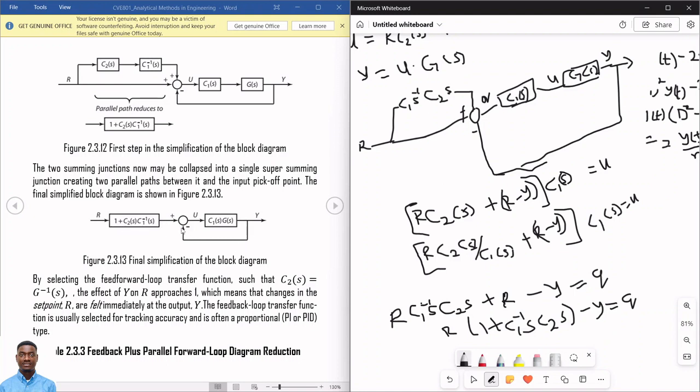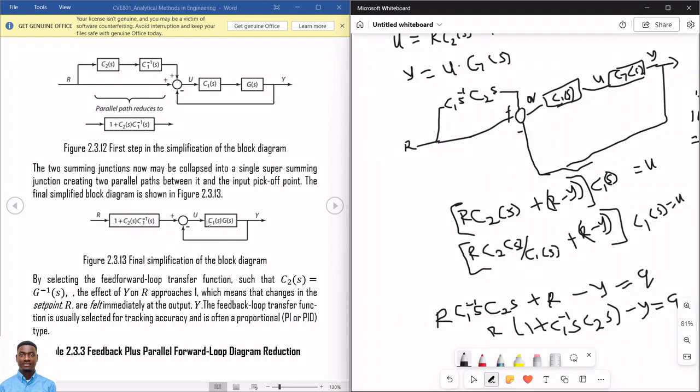So you still have your minus Y coming here, and the product of this, since they're in parallel. You now have this. So this is BFS of this system.